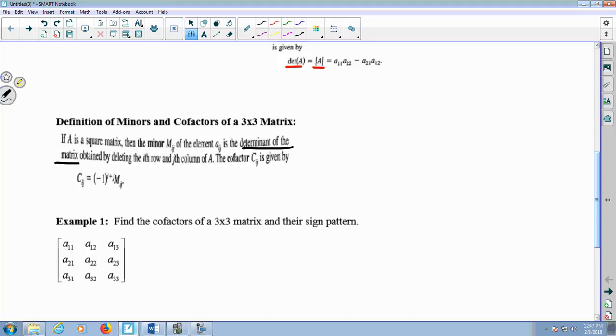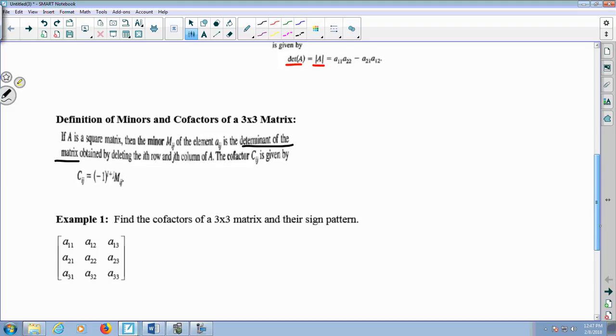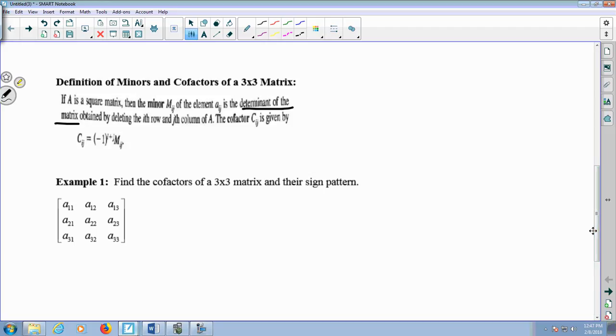Okay, so let's look at, if I want to find the cofactors of a 3 by 3 matrix and their sign pair. Well, let's start off with A11. Now remember, a minor Mij is associated with an element Aij. So if I have an entry A11, that's associated with minor M11. Now I'll write it out explicitly. In this case, we have A11, i equals 1, because that's our first one, and j equals 1.